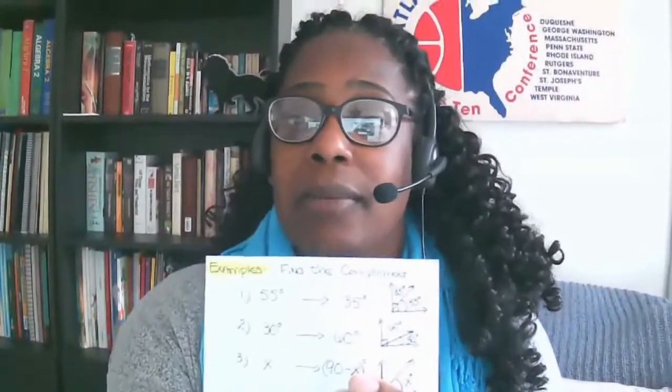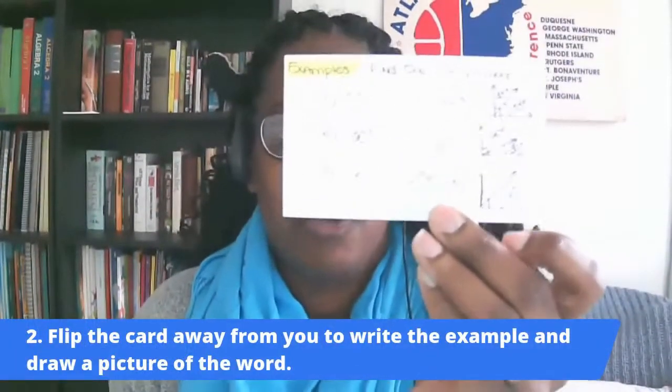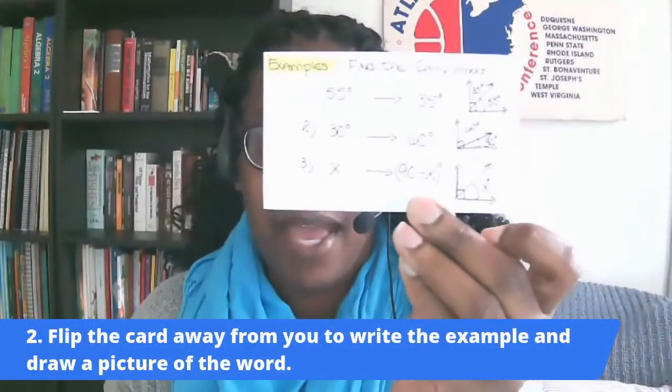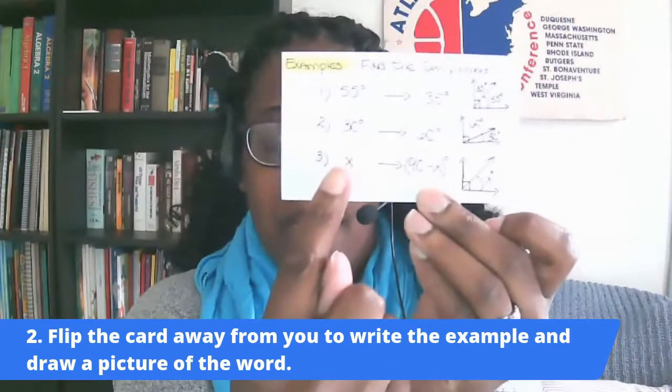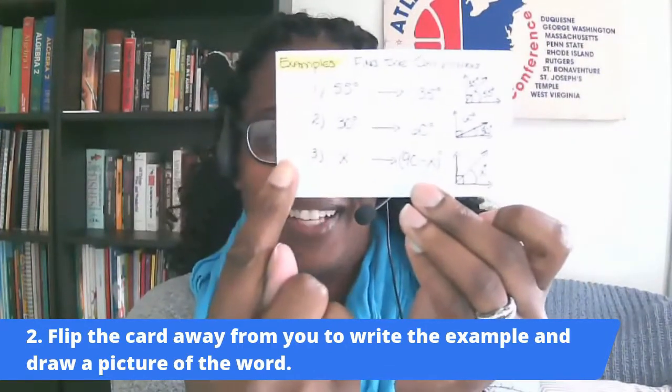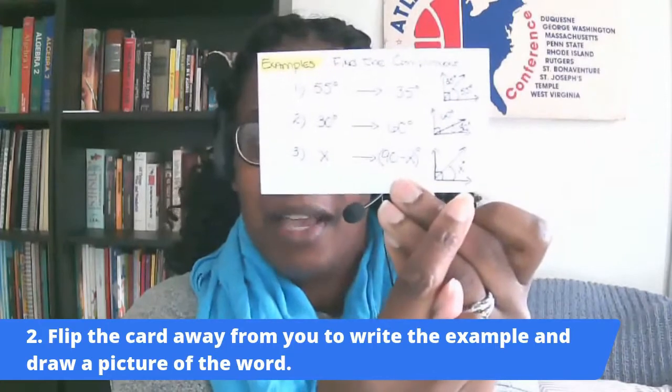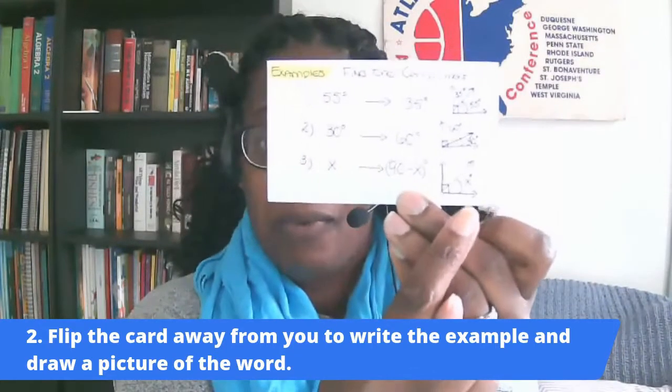You're writing the examples, and you're also drawing a picture on the very back. So here are my examples of my complementary angles, and here are some of the pictures associated with it.